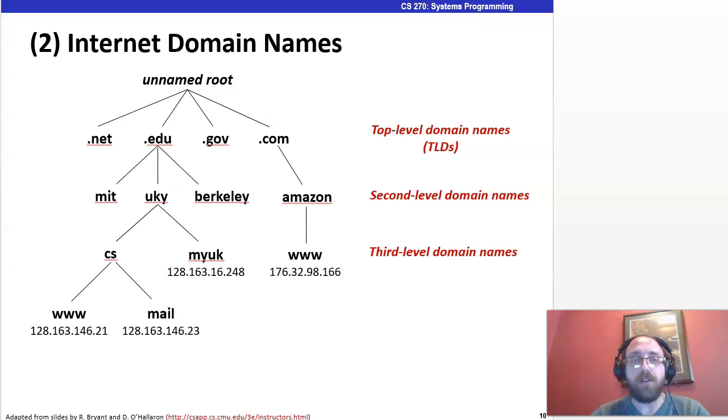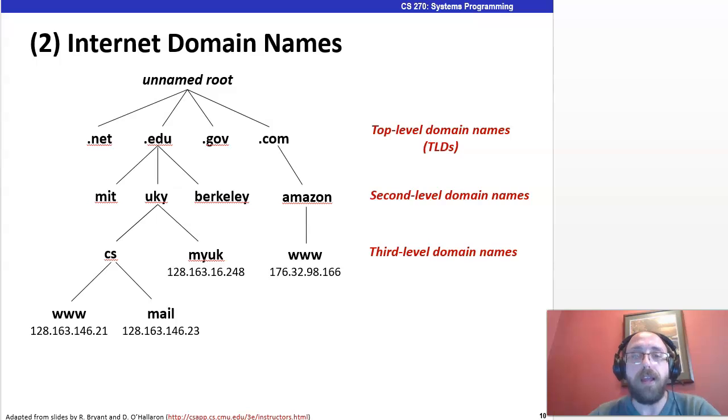All right, so let's take a look now at the domain name service. We saw in the last video that hosts on the internet are identified by a 32-bit number, the IP address, which is usually written as a sequence of four 8-bit numbers separated with dots. But that's not a very human-friendly way to refer to computers.